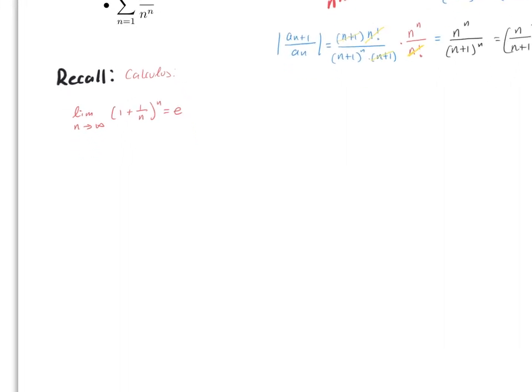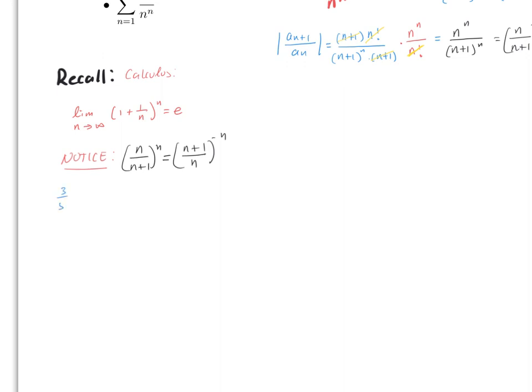So therefore, notice what we have here. You have (n over n plus 1) to the n power. Notice that this is equal to (n plus 1 over n) to the negative n. Why is that true?